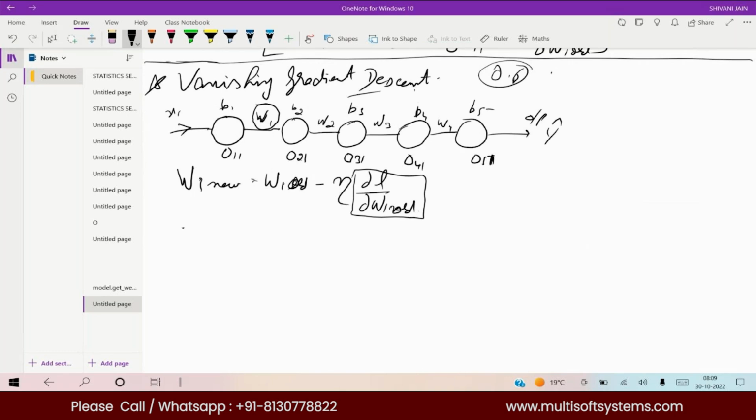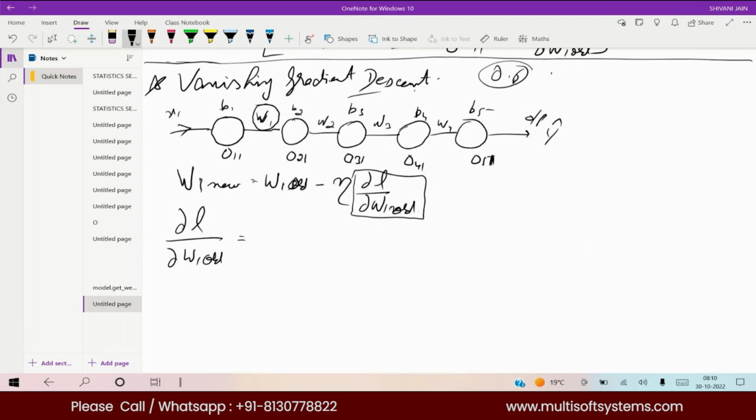What is this? Derivative. Don't call it d, this is derivative, and whenever you speak this in an interview, also call it derivative. Derivative of loss divided by derivative of W1. It is written this way, partial differentiation, not a simple d form.